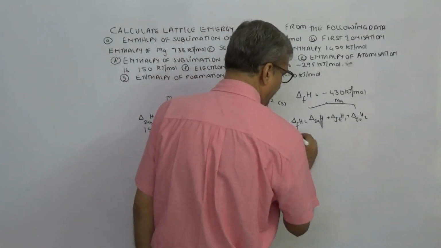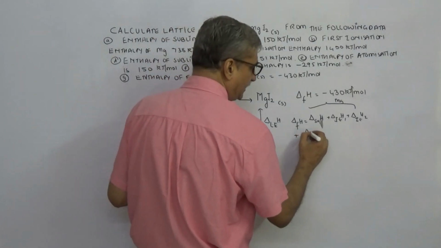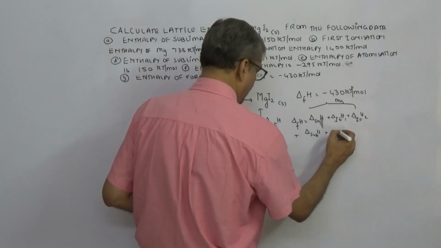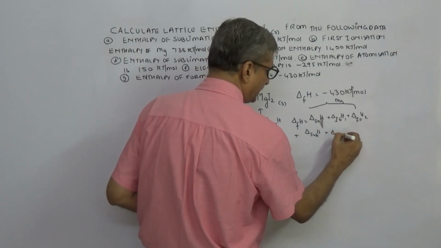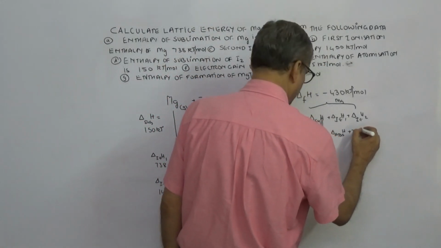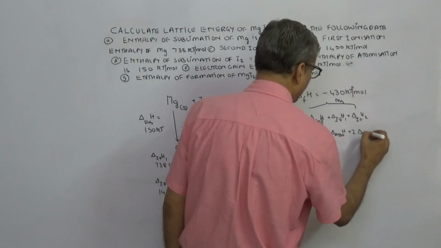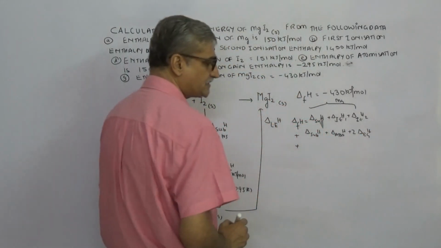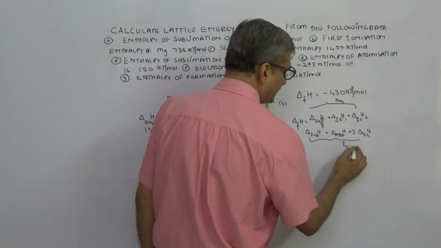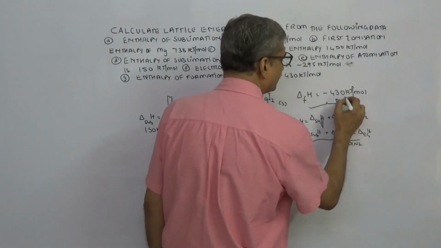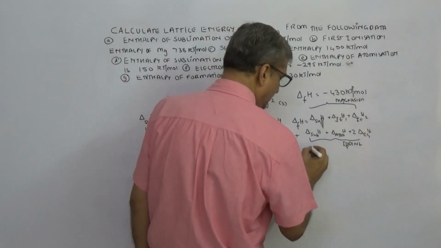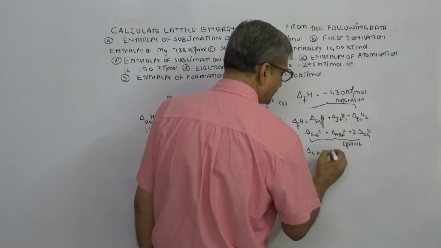Plus what will you have? Delta sublimation H plus delta atomization H plus 2 into delta electron gain enthalpy H. This is for magnesium, this is for iodine. Plus delta lattice energy H.